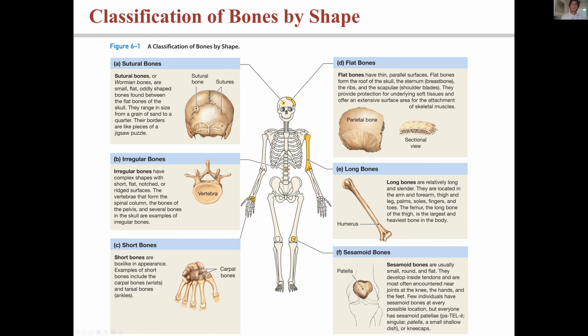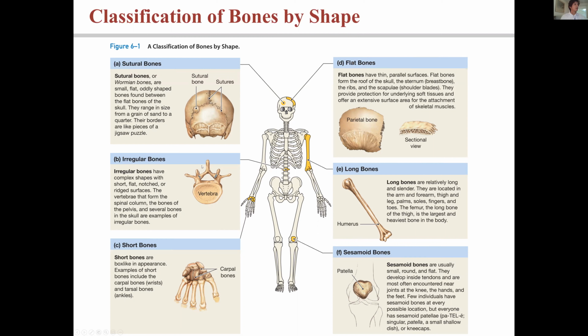There are these small bones present within the sutures of the cranium. They are, in a way, not consistent. They're somewhat of a remnant of endochondral ossification that occurred during development.